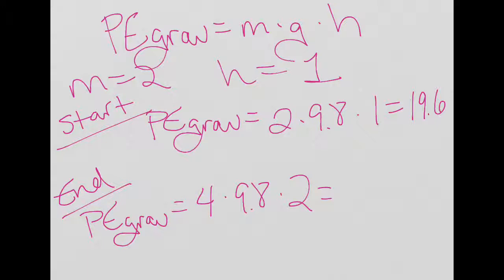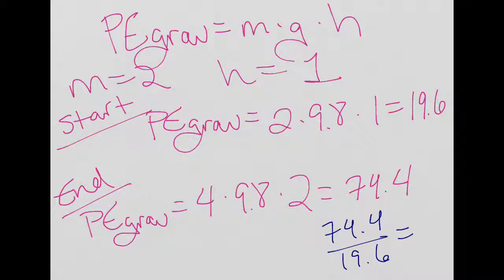I now get 74.4, and to figure out how those relate to each other, I will do 74.4 divided by 19.6, and theoretically, I should get 4. And I do. I get about 4. So again, that proves that it's about 4 times the original amount.